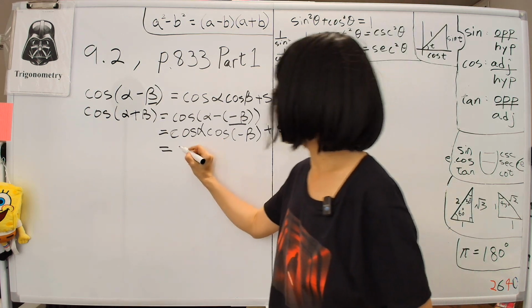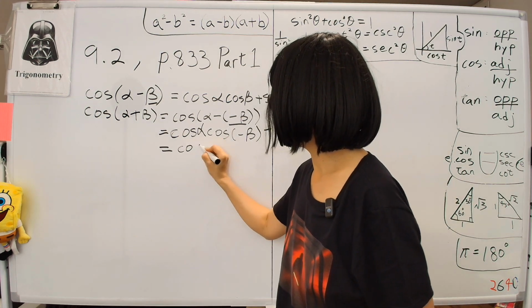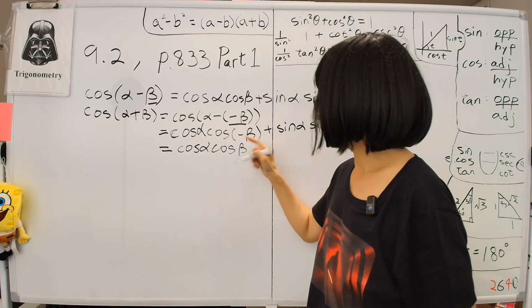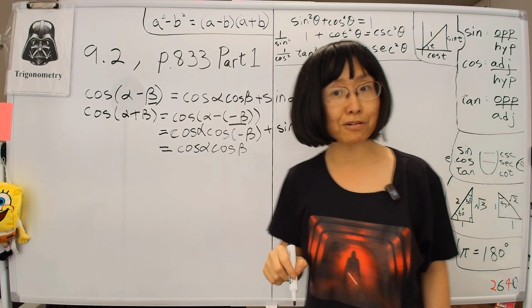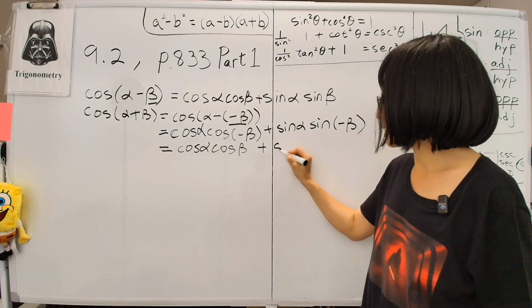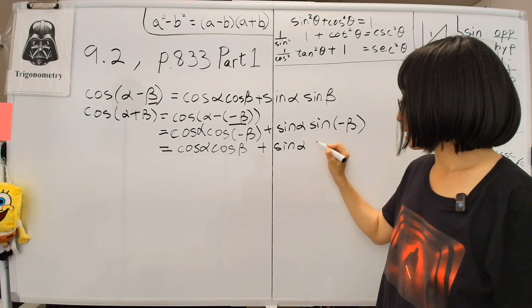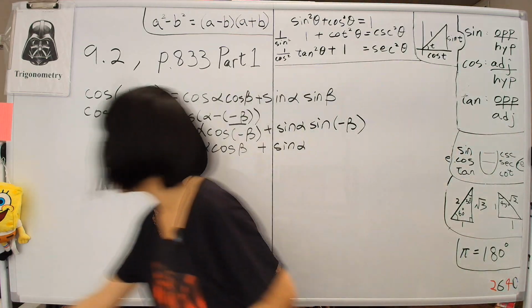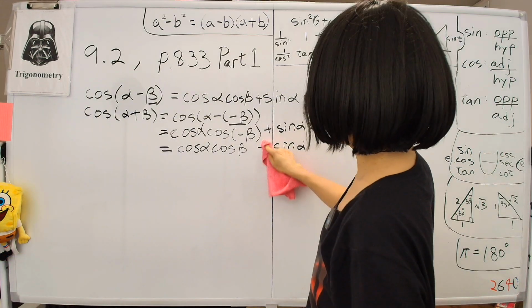So this part equals cosine alpha, cosine beta, being that it's cosine, so we can just throw away the negative sign like it was never there, and then plus sine alpha, and the negative sign has to come in front, so we change the plus sign.